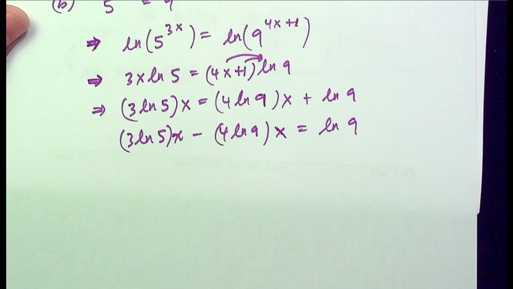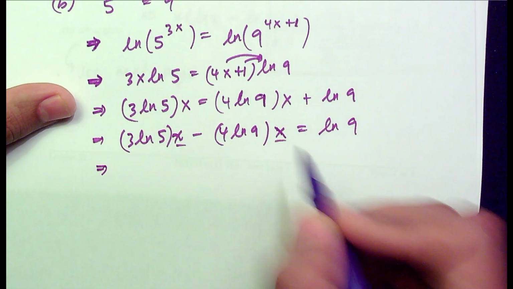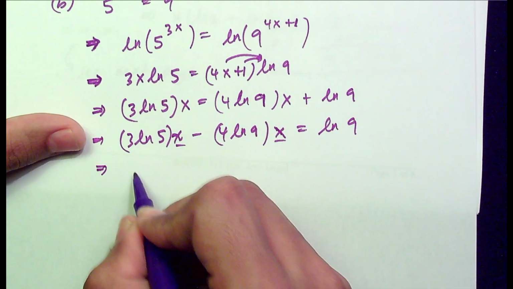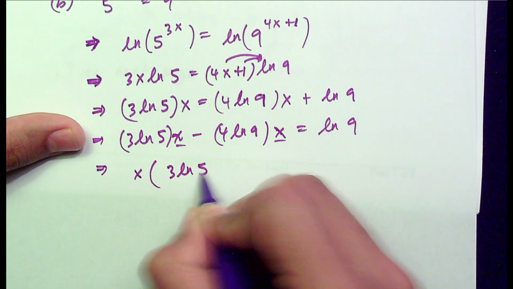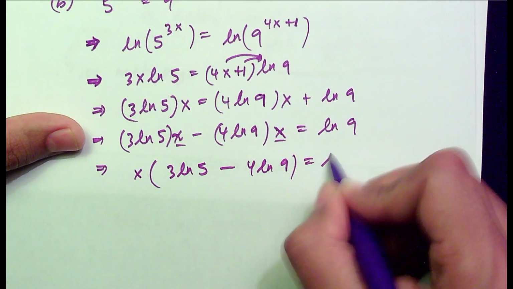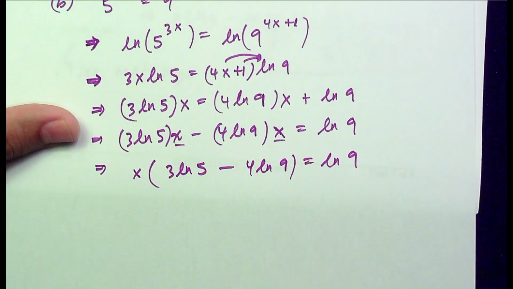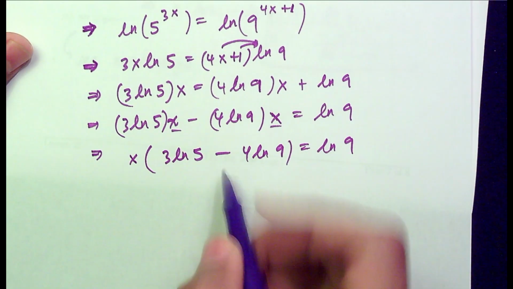Now you're going to factor out the x because it is common. So x times 3 ln of 5 minus 4 ln of 9 equals ln of 9. And lastly, divide by this number and you get the value of x.